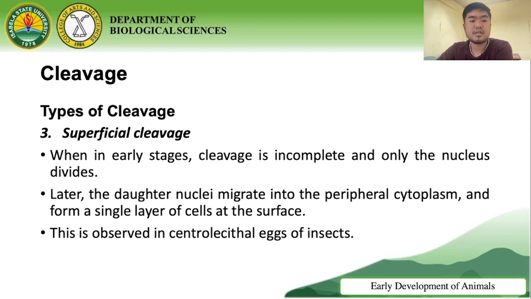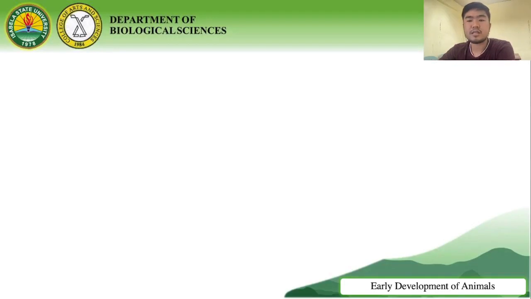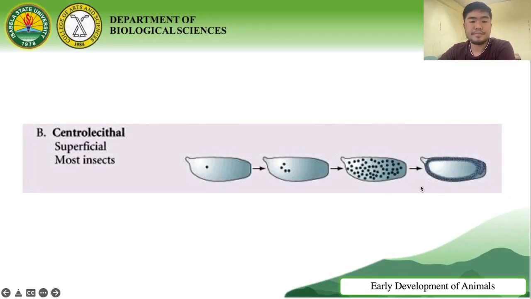So, nakita natin kanina, meron lang isa na cell, then nag-divide siya at napunta siya doon sa peripheral o sa paligid at naiiwan sa gitna yung yolk. So, this is the example. So, this is the cell, yung dot na yan. Makita natin, it divides into 4. Okay, 4 cell stage, then so on so forth hanggang sa mabuo doon sa paligid o sa peripheral, sa paligid noong developing embryo.